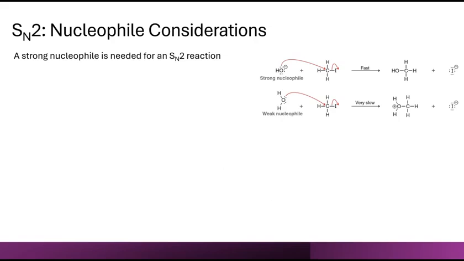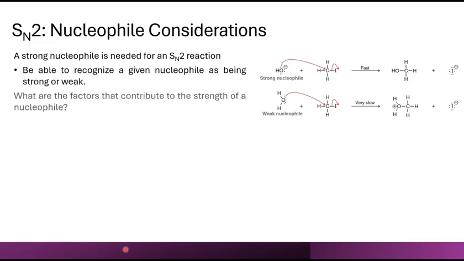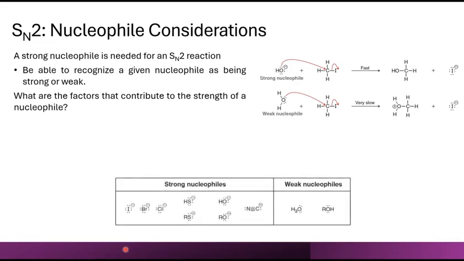SN2 nucleophile considerations. A strong nucleophile is needed for an SN2 reaction. The rate with a strong nucleophile is fast, whereas with a weak nucleophile, it will be very slow. Be able to recognize a given nucleophile as being strong or weak. What are the factors that contribute to the strength of a nucleophile?